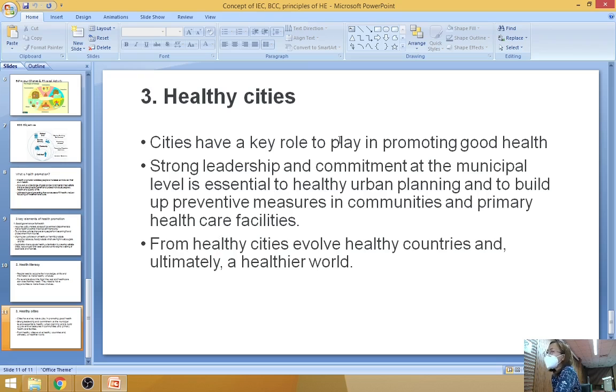In order to promote health, we have to start from the grassroots level, from the small community itself, and then from the community to the bigger area, to the state, and then to the whole country. It should start from the bottom to top. This is what is meant by this slide.